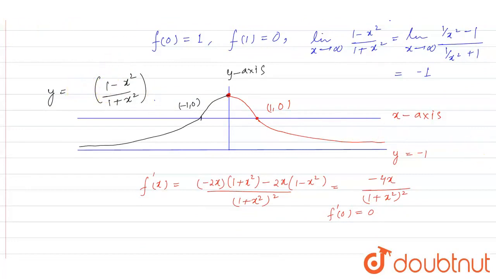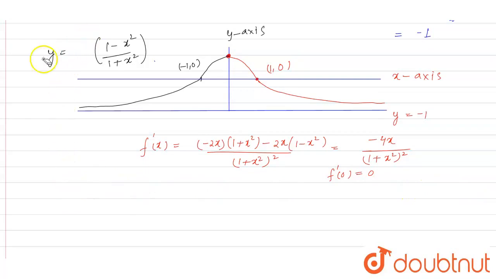Now we need to draw the graph. Suppose we take g of x as given by cos inverse of (1 minus x square) divided by (1 plus x square).